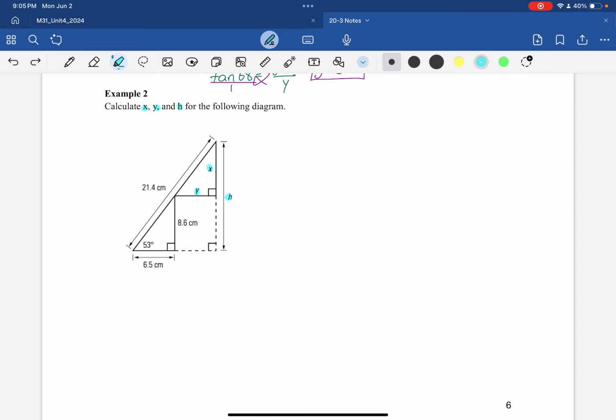So if I look, I could start by finding h because I have the hypotenuse of the large triangle, I have the angle, and h in this large triangle would be my opposite. So if I figure that out, so this would be my opposite. I have opposite and hypotenuse. So I want to use sine.